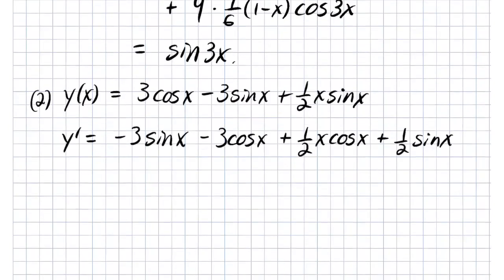Okay. And that does simplify a little bit. So let's simplify it. So I have -3 plus a half. So that'll be -6/2 plus a half. So it's -5/2 sine x.